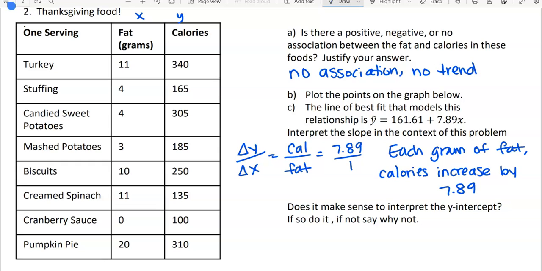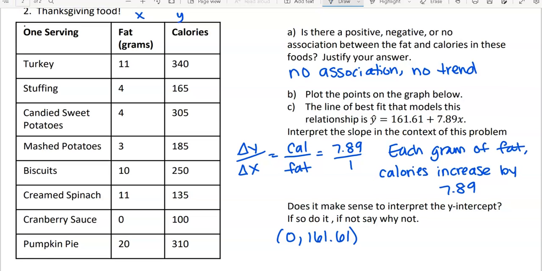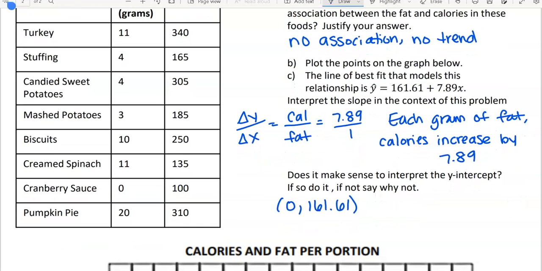Does it make sense to interpret the y-intercept? If so, do it. If not, say why. The y-intercept in this case is 0 and 161.61. I guess we can interpret the y-intercept. So again, x is fat, y is calories.